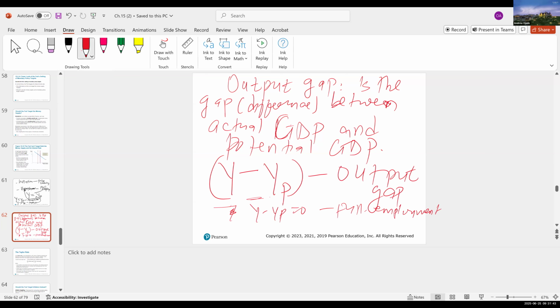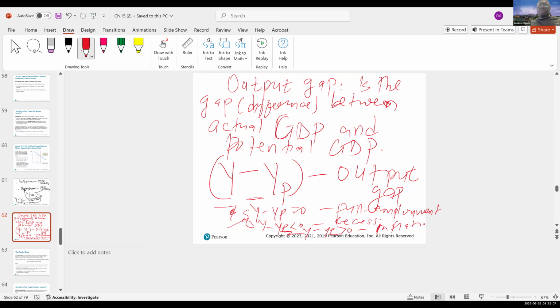But if there's any deviation, let's say Y minus YP were less than 0, then that's a recession. If Y minus YP is greater than 0, that's the definition of an inflationary gap. So the last two cases, we don't like that. The Fed must act in either of those two scenarios.